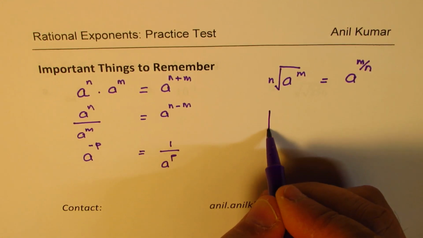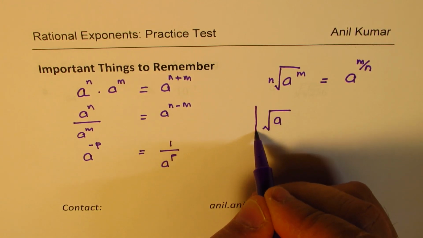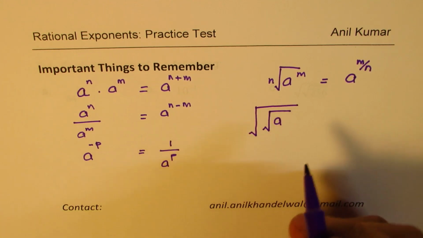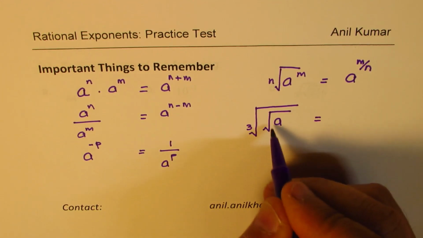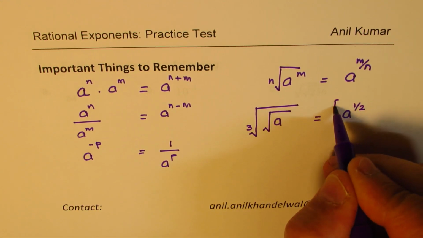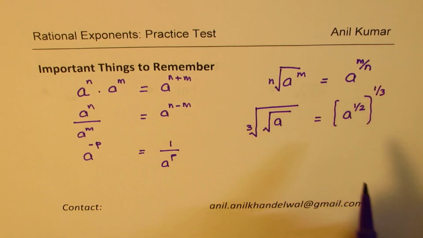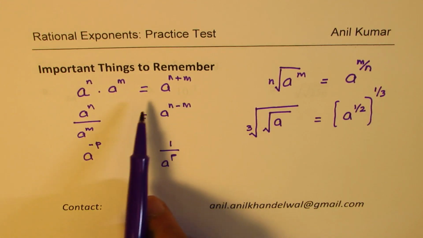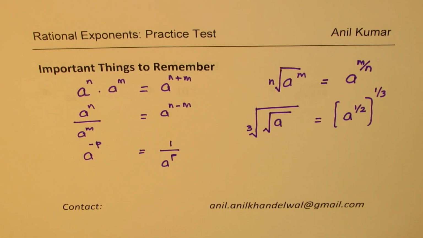Sometimes you may also have one radical within the other. Let's say this is the cube root and that is the square root. This basically means we have a to the power of half, and then again the cube root, so it becomes like this. Now you can apply the rules we learned, and you get your solution.